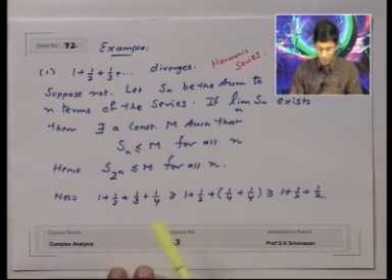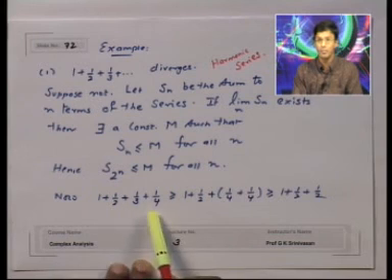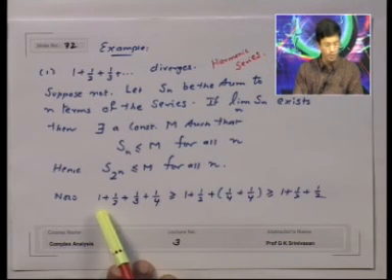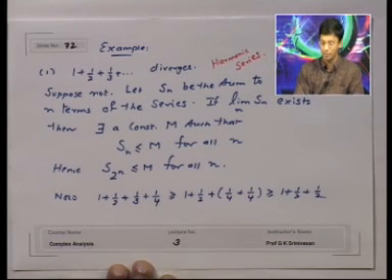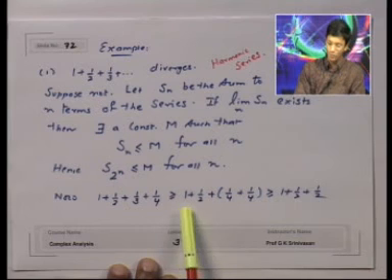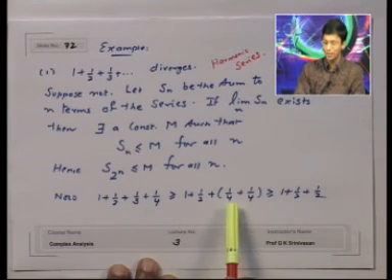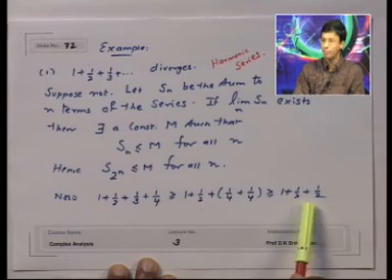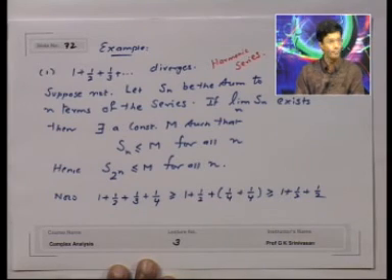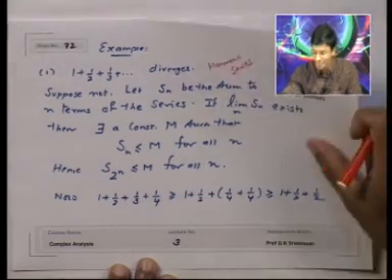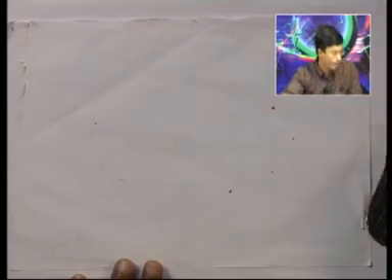So, let us calculate this. Let us calculate S4. What is S4? S4 is 1 plus half plus 1/3 plus 1/4. It is bigger than or equal to 1 plus half plus 1/4 plus 1/4. 1/3 has been replaced by 1/4, which is 1 plus half plus half, correct? Right? All right. Now, let us look at S8, same thing.